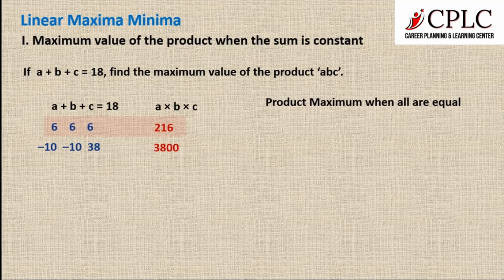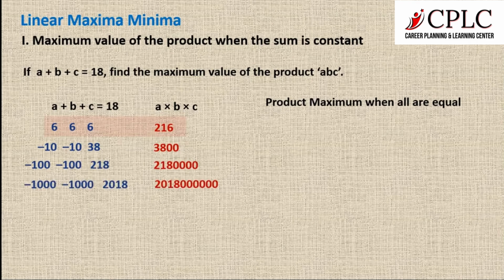For all you know, we can keep doing this all day long, keep spreading out the numbers further and further in the negative zone, and you keep on getting higher and higher products. So practically after a couple of examples, you realize that there is no stopping this. When we consider the negative scenario, there are literally infinite cases possible.